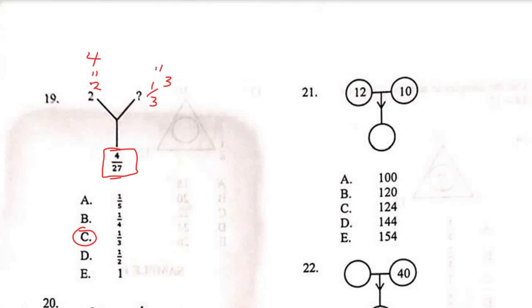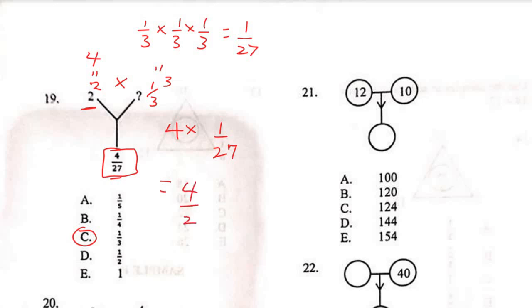While 1 over 3 cube means 1 over 3 times 1 over 3 times 1 over 3, which is 1 out of 27, because 3 times 3 times 3 is 27. Once you do that, you take the product of both of them. So 4 times 1 over 27, just like saying this times this. 4 times 1 is 4 out of 27. So I got this base number. So 1 over 3 is right.